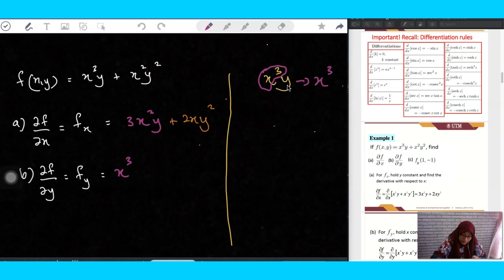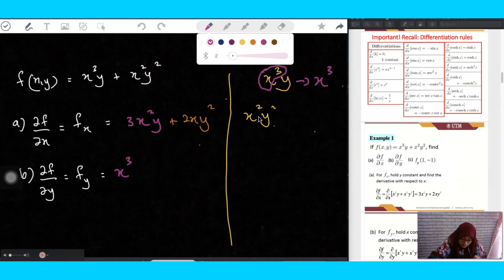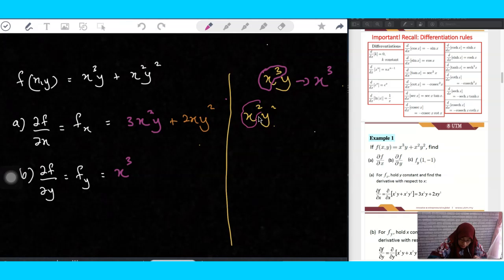And then we go to the second term. You have x squared y squared. Can you see the y? Yes, you can. So after you differentiate, the answer cannot be 0. X is constant, please remember, you are working on y now. So x squared is constant.